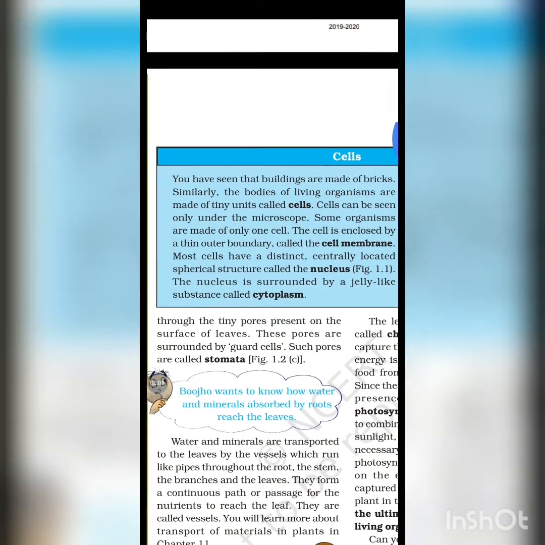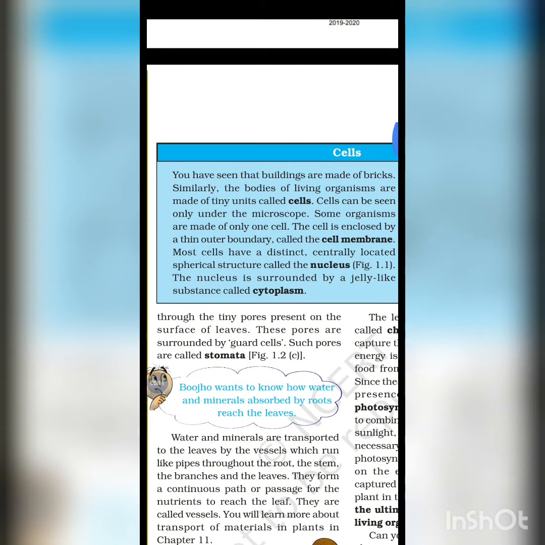Now imagine that we cannot see a single cell with the naked eye, and that organism which is made of only one cell, we cannot see with the naked eyes also. We have to use a microscope to see that organism.